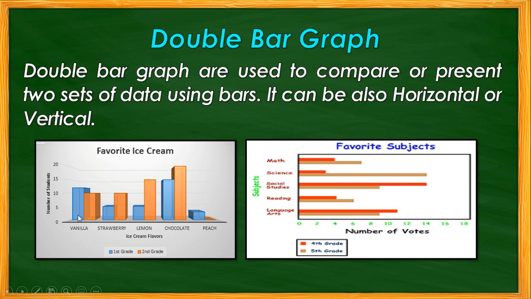So we can compare the data in the first grading and the second grading. As you can see, we have two sets of data. This should be the vertical bar graph and this should be the horizontal bar graph.